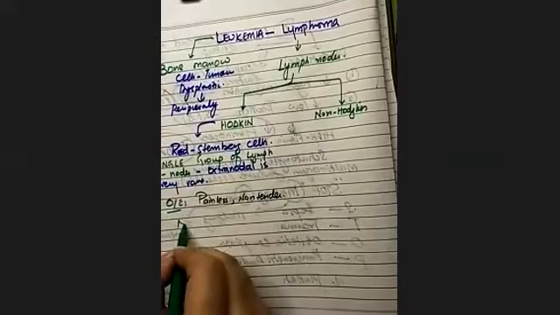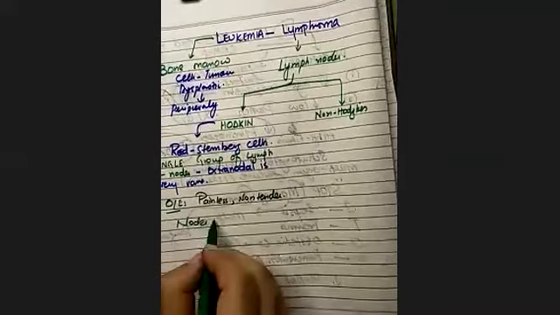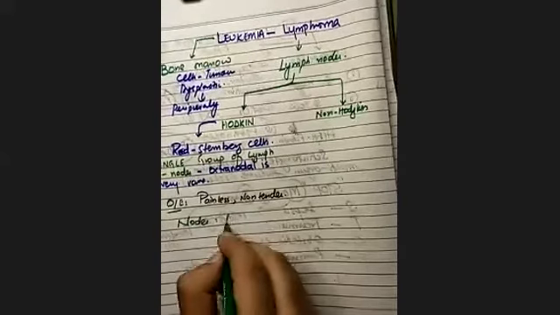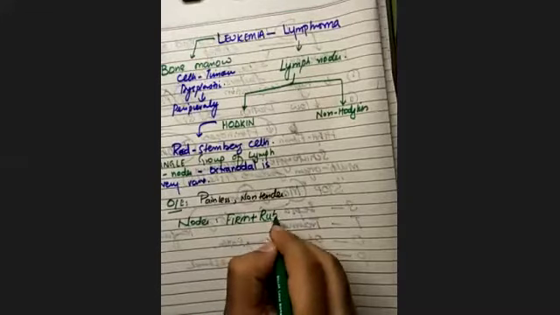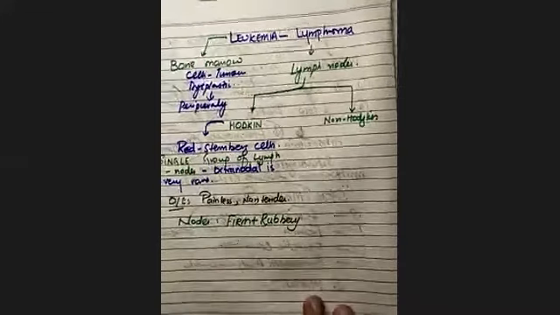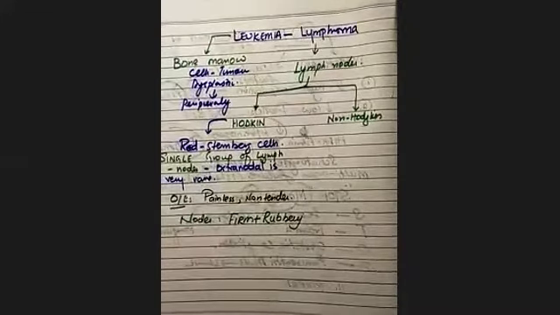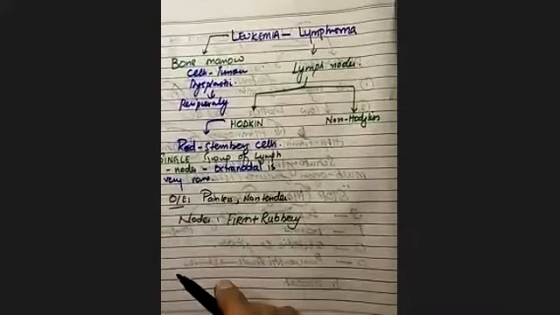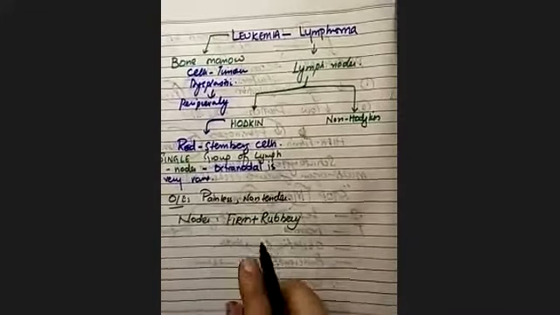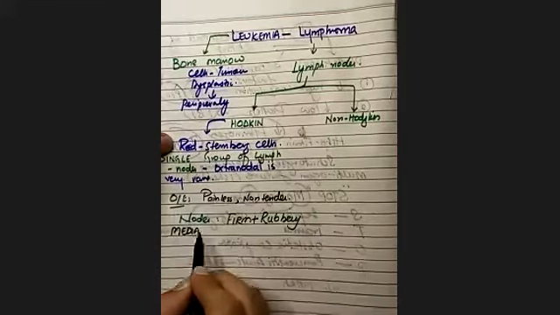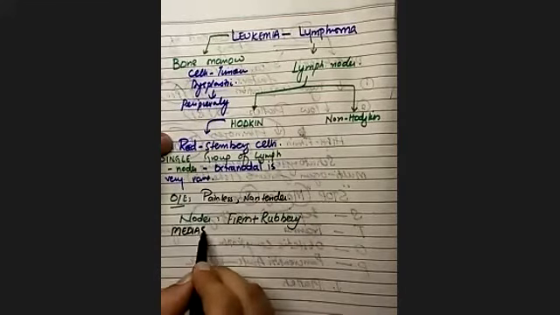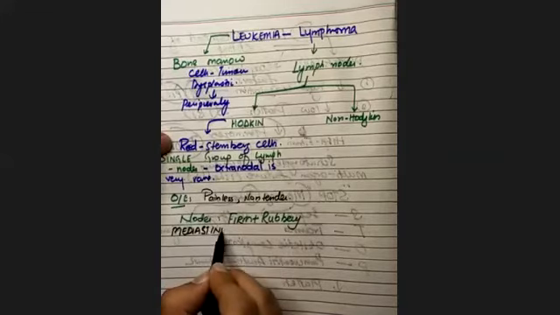When you examine them, they are firm and rubbery. And they are more common in your mediastinum, so the central part.